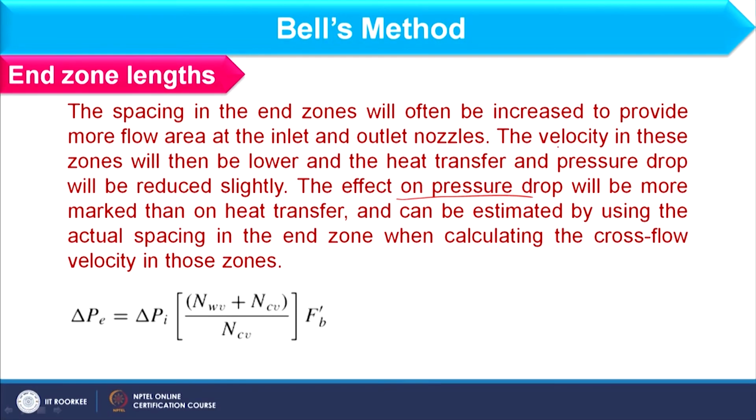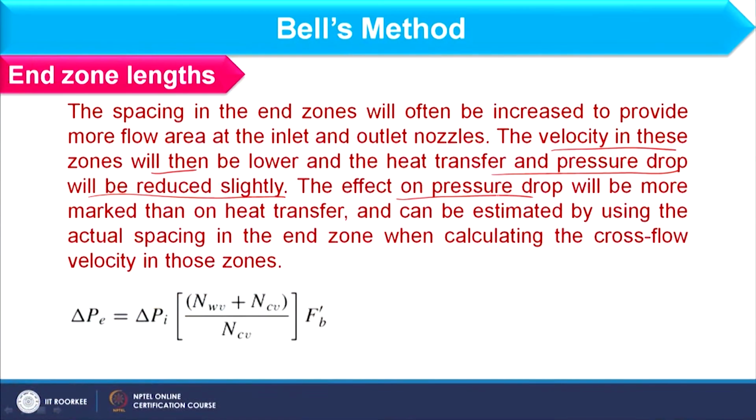And that is, the velocity in these zones will then be lower, so the heat transfer and pressure drop will be reduced slightly. So when I consider more spacing in the end zone, I should have lesser velocity, which will give a lesser heat transfer coefficient and lesser pressure drop, and the effect of that we can observe more in pressure drop than in heat transfer.